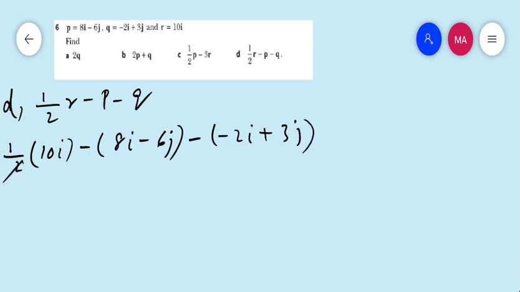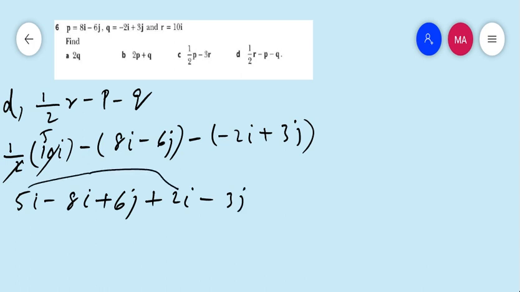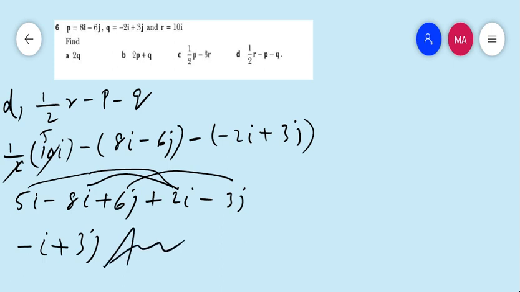So 2 5s are 10, 5I minus 8I, plus 6J, plus 2I, minus 3J. 5I plus 2I is 7I, 7 minus 8 is minus 1, so minus I. 6J minus 3J is 3J. So minus I plus 3J is our final answer of part D.